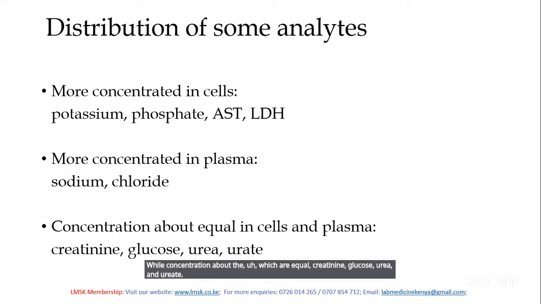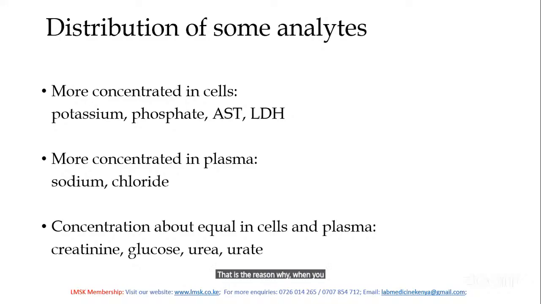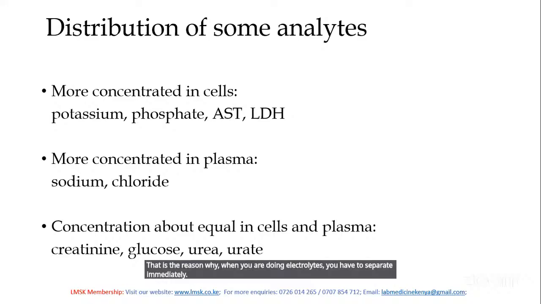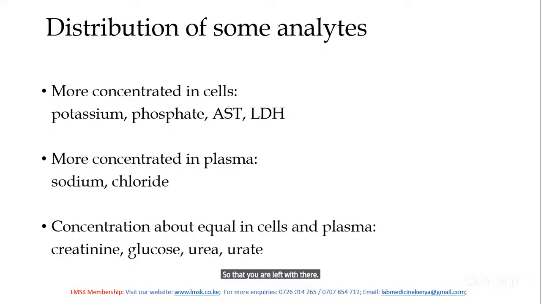That is the reason why when you are doing electrolytes, you have to separate immediately so that you are left with the plasma. As you can see, potassium is more in the cells than in the plasma.